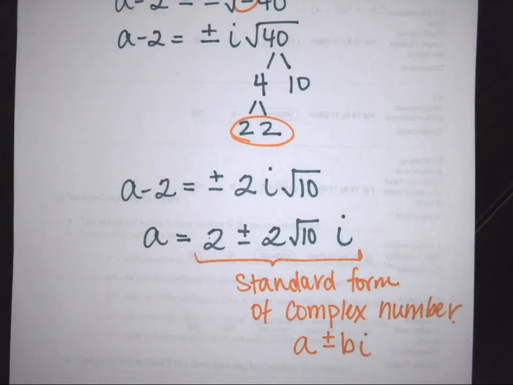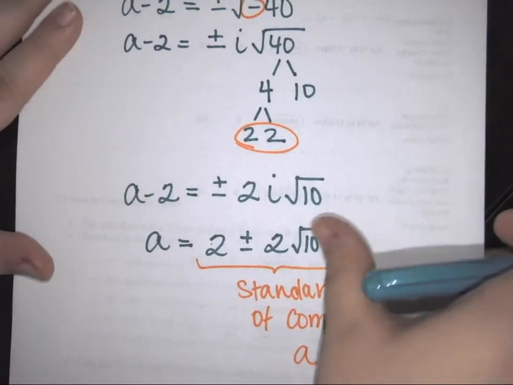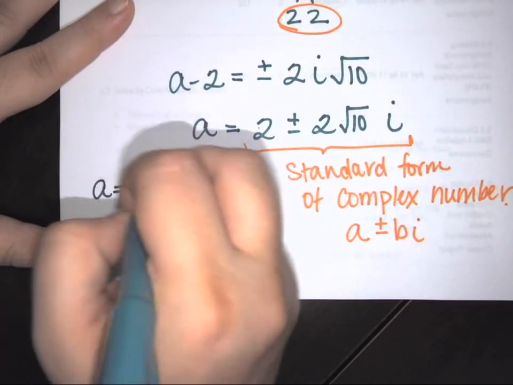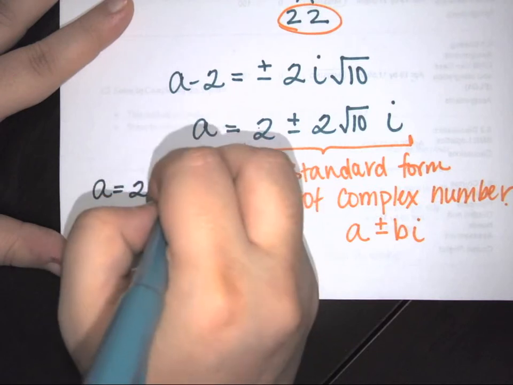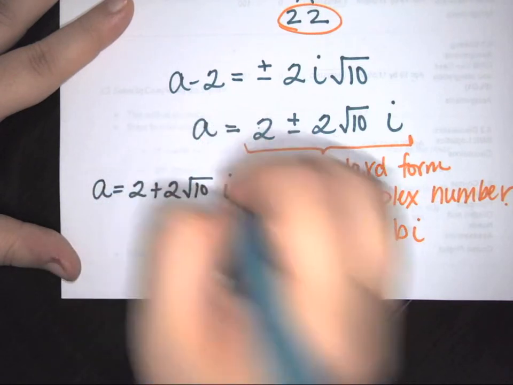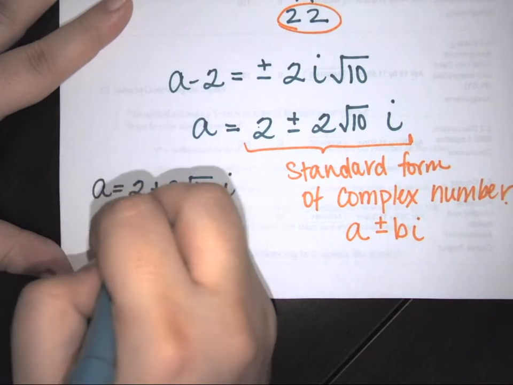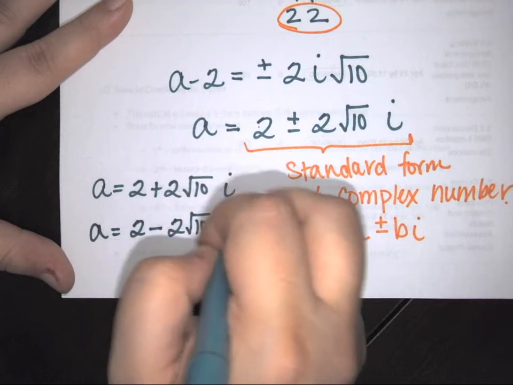Okay. Now with this, I can write my solution using the plus or minus, or I can write them separately, saying that a is equal to 2 plus 2 square root of 10 i, or I can write it by saying a is equal to 2 minus 2 square root of 10 i.